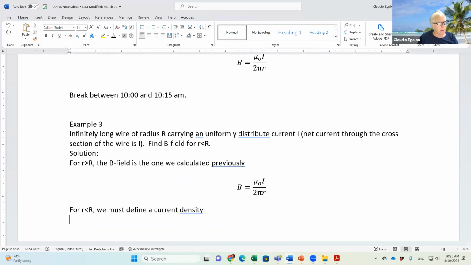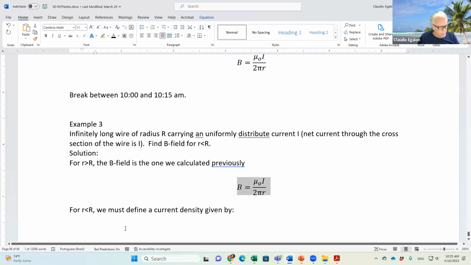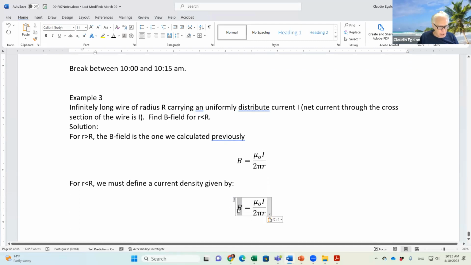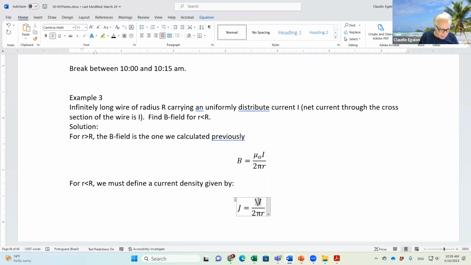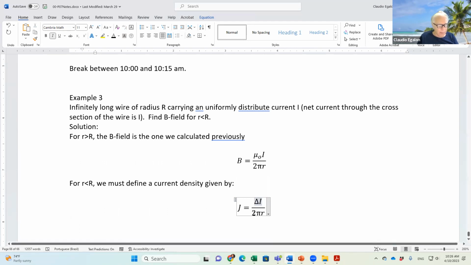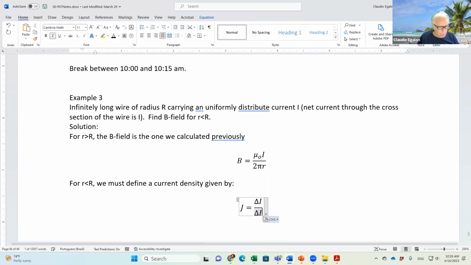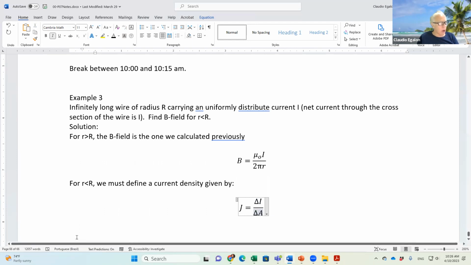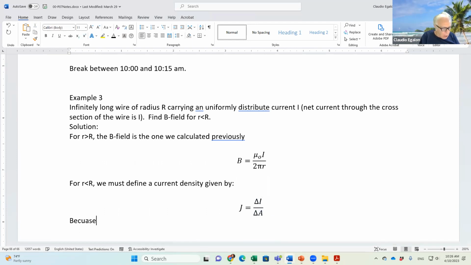We usually call this current density by the letter J. It's going to be given by delta I over delta A, which is the area, because the current is uniformly distributed through the cross section of the wire.